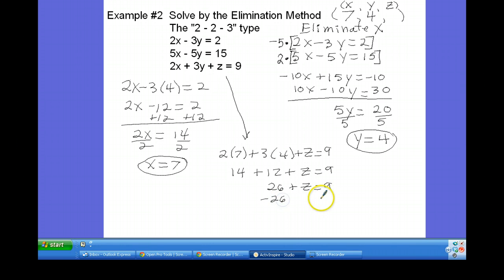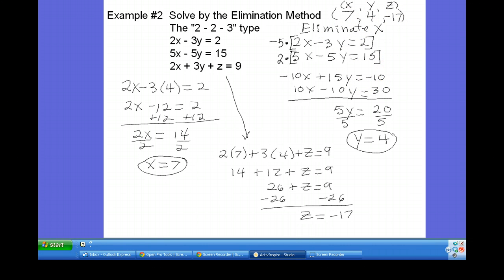Solve for z, subtract 26 from both sides, and z equals negative 17. So the solution to the system is 7, 4, negative 17.